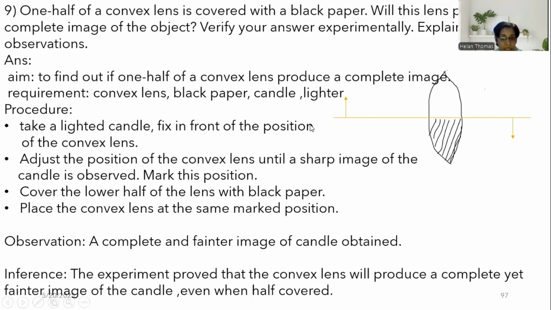I'm sorry, the rest of the answer is not coming on the screen. While the inference is that the light rays that are passing through the uncovered portion of the convex lens will converge to make the image. So it is a fainter image, but yet a complete, real and inverted image.